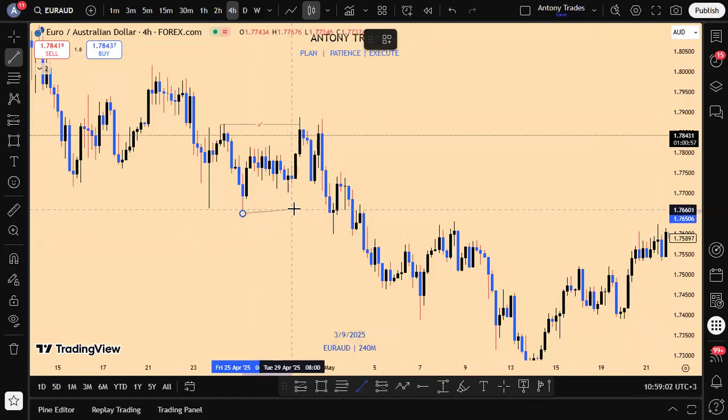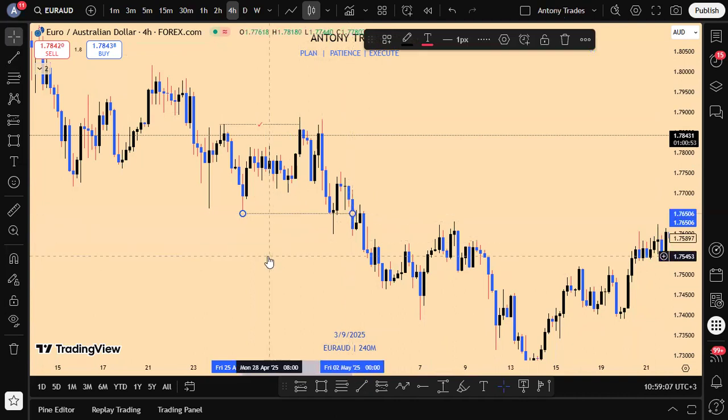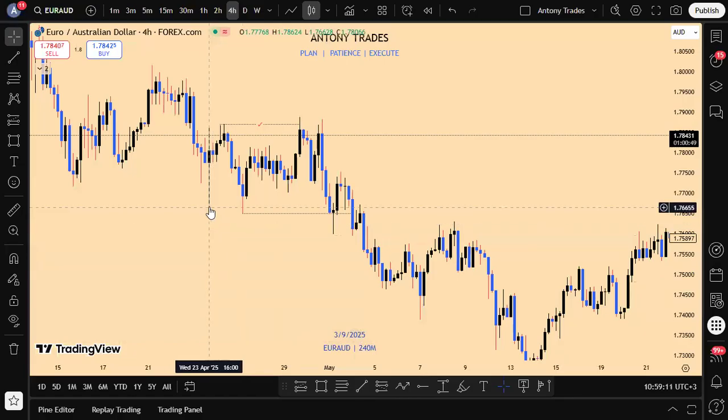Remember, guys, for a break of structure, another point to note here: for example, like here, this was the previous low. The market never closed here with a candle, so we cannot say this is a break of structure. This is a sweep of liquidity.